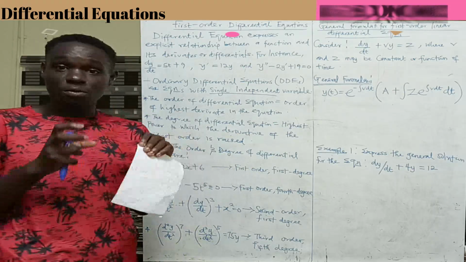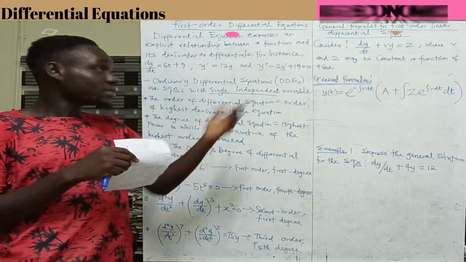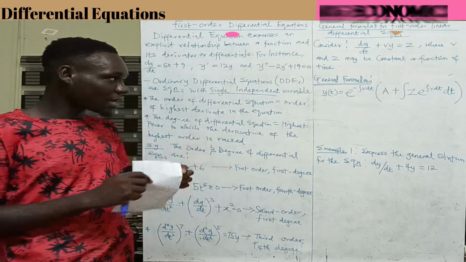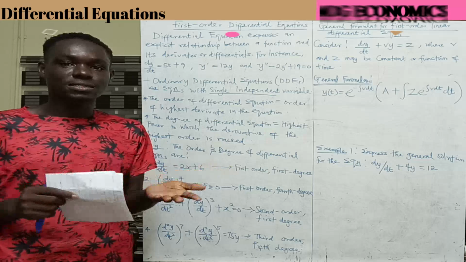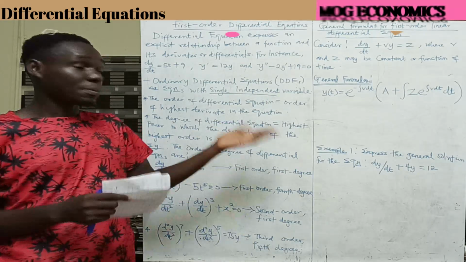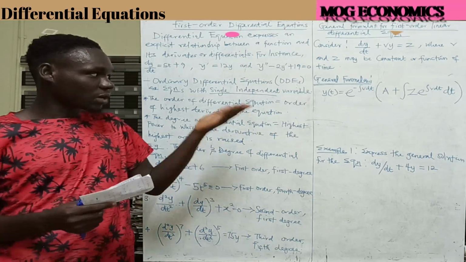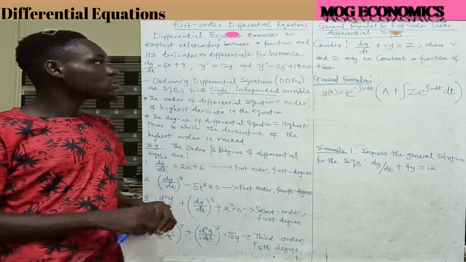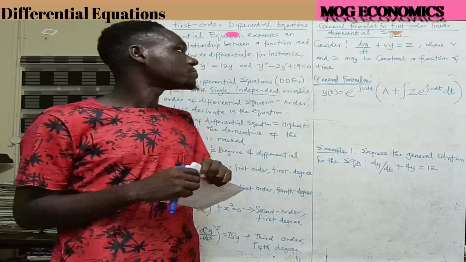That's the general formula. You need to commit those formulas to memory. You really need them to solve. And at this point, we won't really bother as much about the derivation because the focus here is the application to economics. So we won't bother much on how those general formulas are derived, at least for this level. So now, the general formula for the first order linear differential equation.